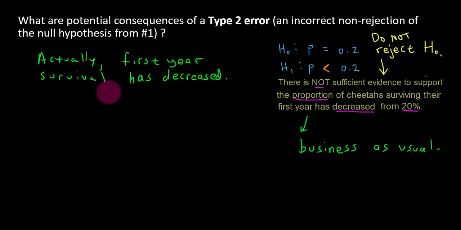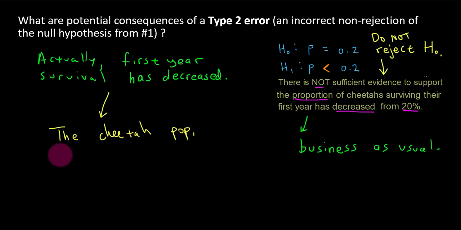So what's the consequence then? Well, possibly if the first-year survival is decreasing, then that might mean that there are fewer cheetahs making it to an age of maturity, and the population of cheetahs could be dwindling, and that can put a threatened species in more danger.